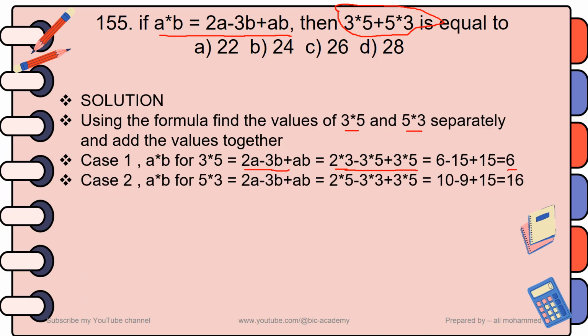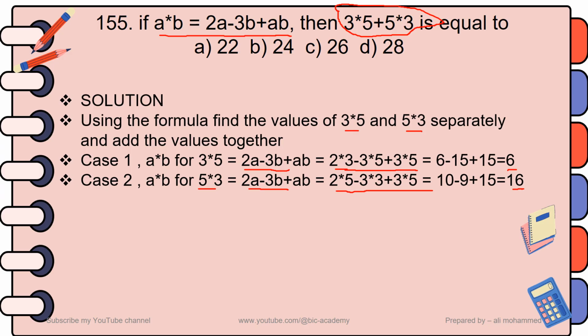For the second one, that means 5 times by 3, again you can use the formula that is given, and here again you have to substitute 5 in place of a and 3 in place of b. Then you get 2 times by 5 minus 3 times by 3 plus 3 times by 5, and it is equal to 10 minus 9 plus 15, which is equal to 16.